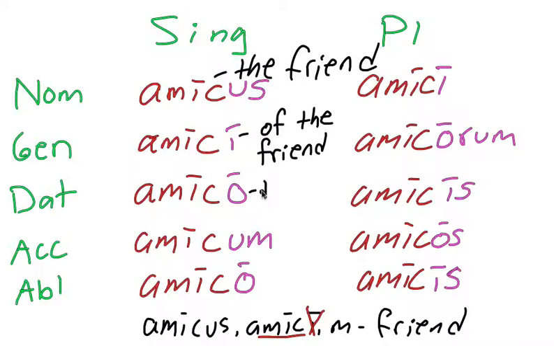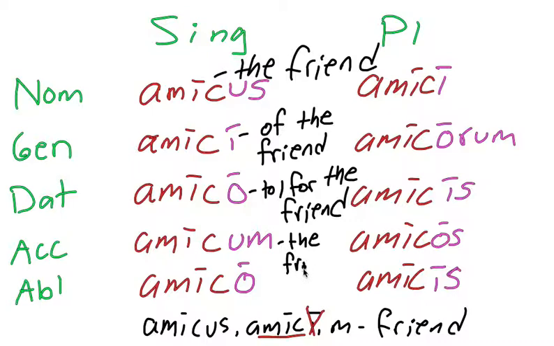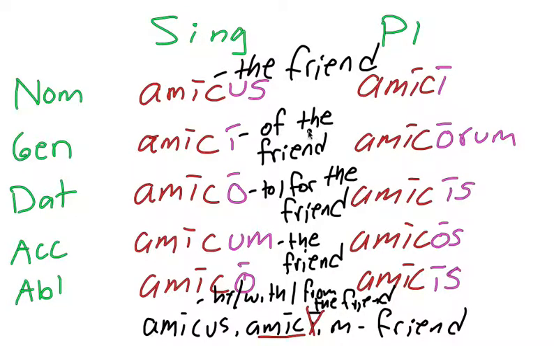Dative amico would be to or for the friend. Accusative amicum would be the friend. And ablative can be a number of translations, but we'll just say by, with, or from the friend. We have just declined our first second declension US noun.